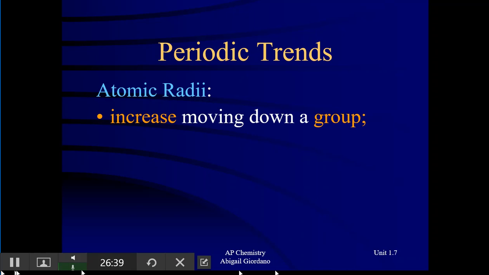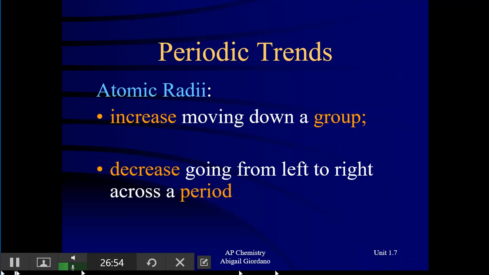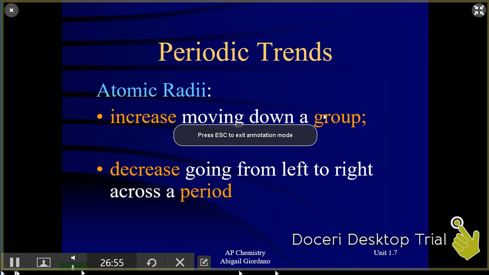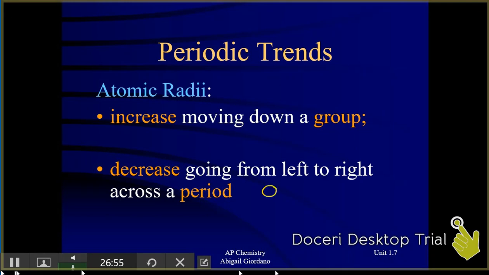What happens when we move from left to right? Same number of energy levels, but an increasing number of protons means that the effective nuclear charge is getting stronger, so the radius decreases.